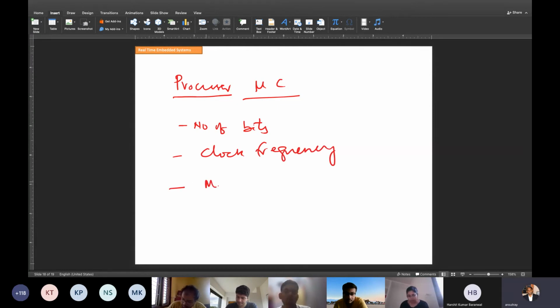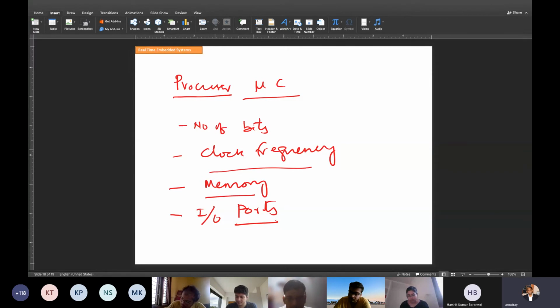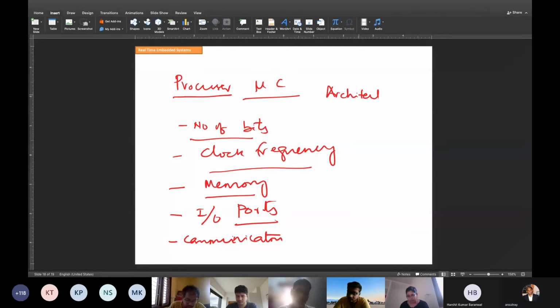Then you are looking at memory. Then you are looking at input, output, ports. It is called ports. We'll talk about this specifically. Ports, memory, clock frequency. Then you are also looking at communication.